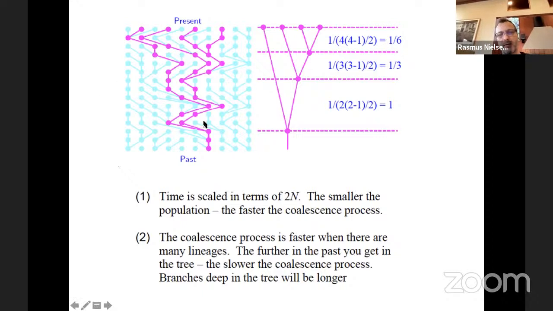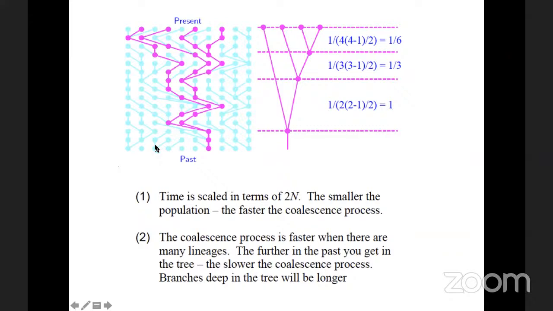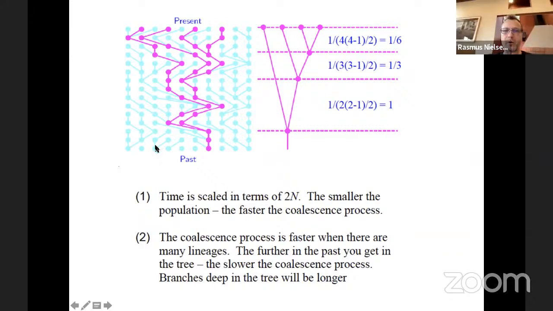Last time when I went through more detail, I used this Fisher model that has a variance in offspring number of 1, so it all goes out in the wash. But you could use other models that have much more variance in offspring number. So you could say every generation, we choose one individual to randomly have all the offspring. If you do that, you will coalesce every generation, right? The effective population size would be really small.